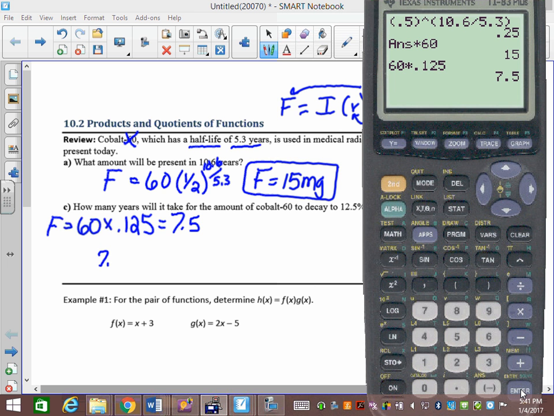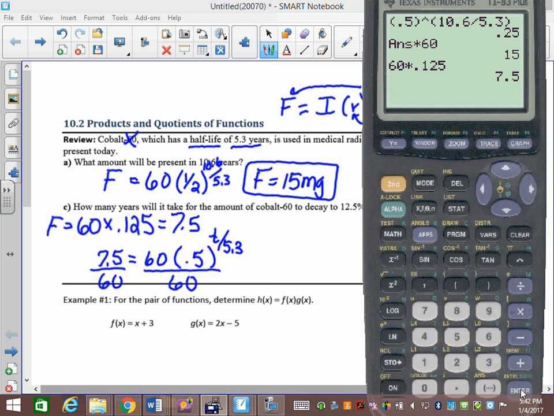So we have 7.5 equals 60, half or 0.5 to the T, which we don't know, and the half-life time didn't change, 5.3. Now what I always say to do is divide that initial over.